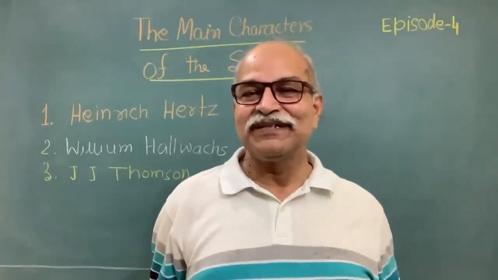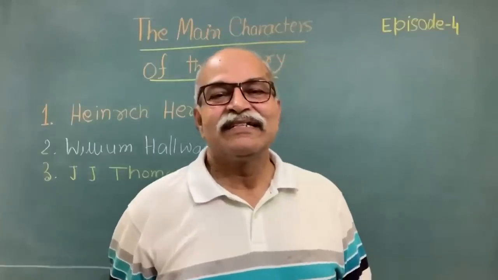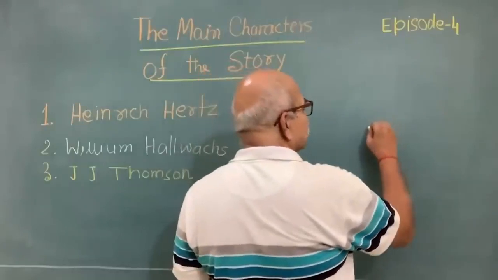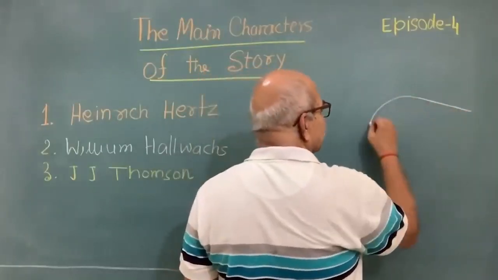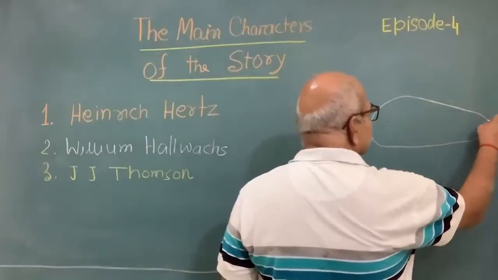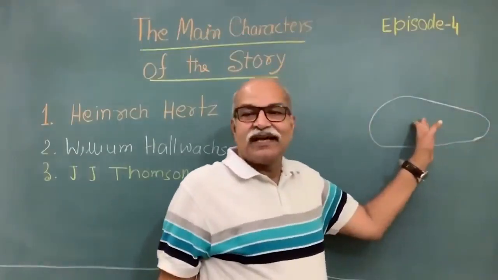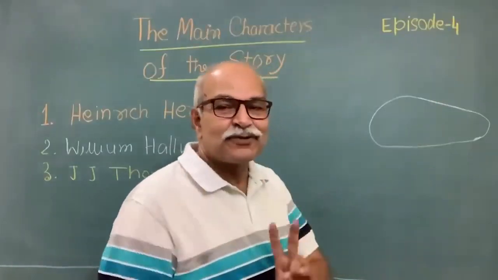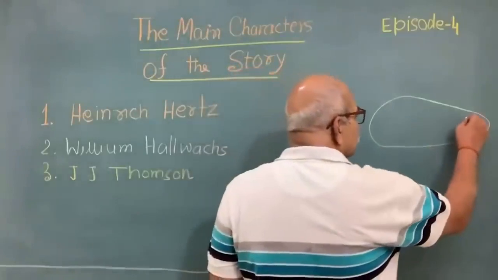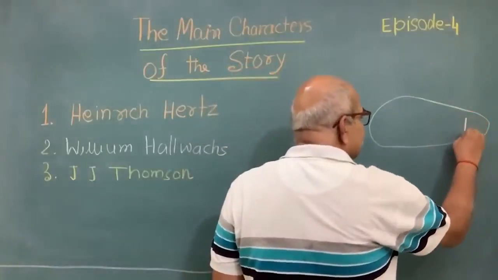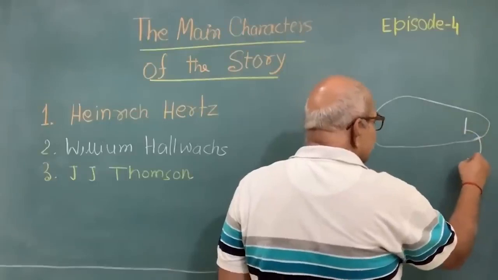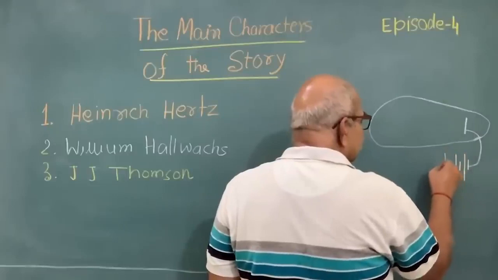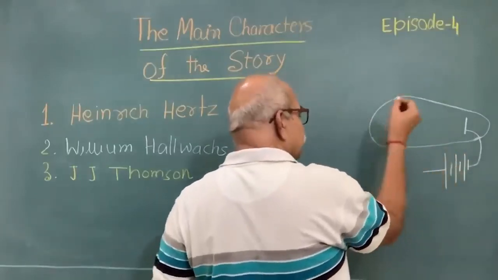If I go a little bit into that history, it starts with, let us say, Crookes. Crookes was the person who used to make varieties of glass chambers, known as Crookes tubes. The basic elements in the Crookes tube are: you have a cathode, a metal electrode, connected to the negative terminal of a large potential difference, and then you have an anode somewhere.